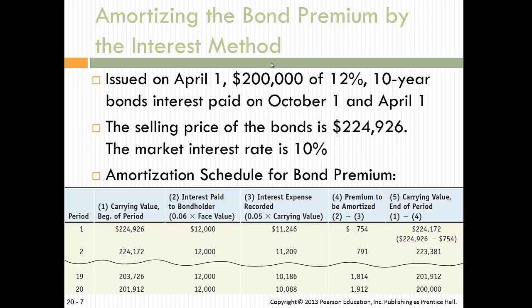So 5% times the beginning carrying value of $224,926 is $11,246. The amount of premium to amortize is the difference between the interest expense and the interest paid, which is $754. Finally, we have the ending carrying value for period 1, which is the beginning carrying value minus the premium amortization.